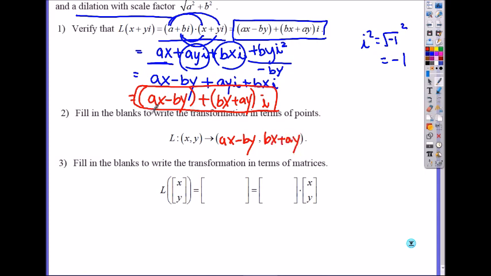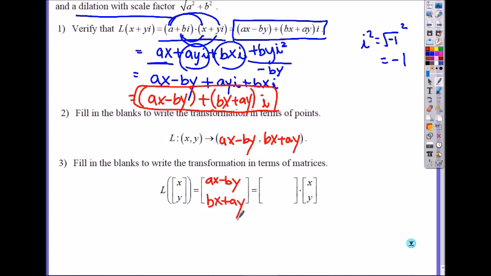This is your x and y in a rectangular form. So now if you write in a matrix, how can you write it? This is ax minus by, and y is bx plus ay.